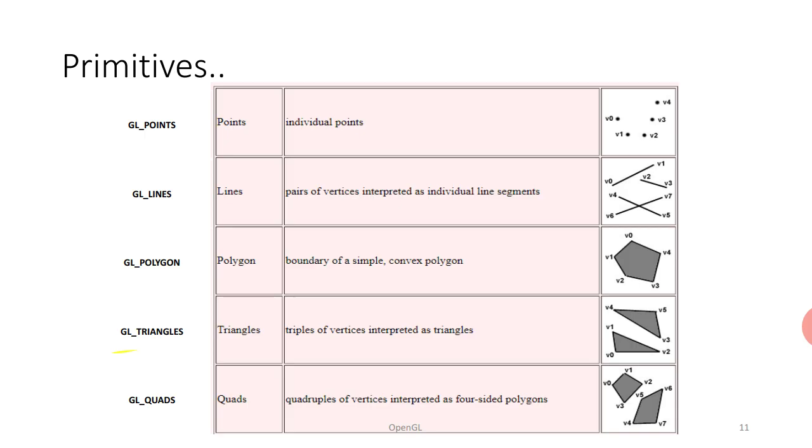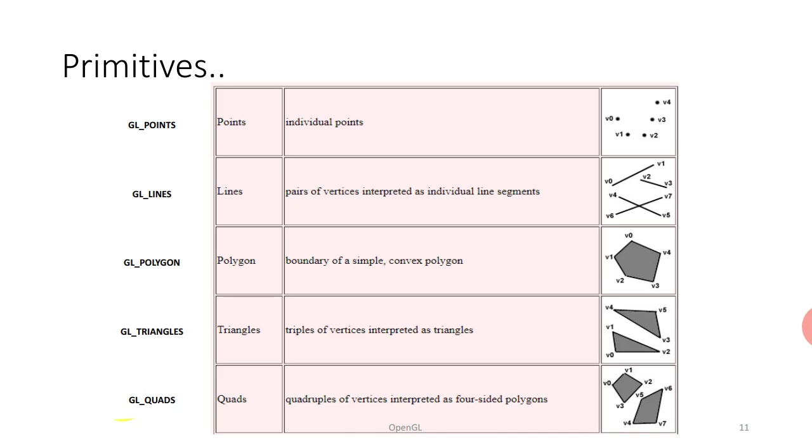Next primitive is GL_TRIANGLES. It is used to draw the triangle shape. It allows the use of triples of vertices interpreted as triangles. As shown in the figure, V0, V1, V2 are the three vertices which are used to draw the triangle.